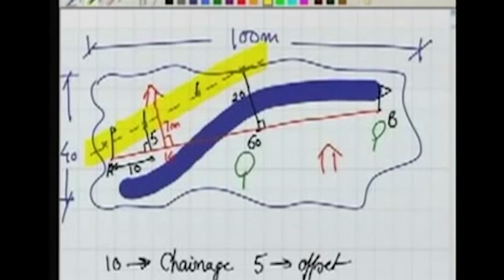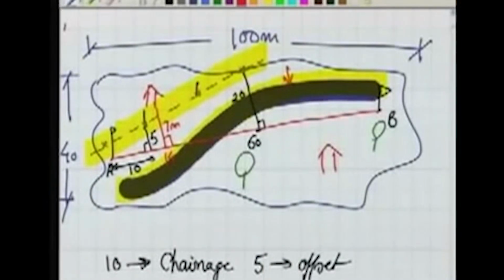Because it is straight, I just need to plot 2 points, and the rest of the intermediate points of the telephone line can be plotted automatically. But here, in case of the road, as you can see, it is curvilinear. It's not straight. So how many offsets should I take? Well, the number of offsets that I should take will depend upon how accurately we want to plot it.